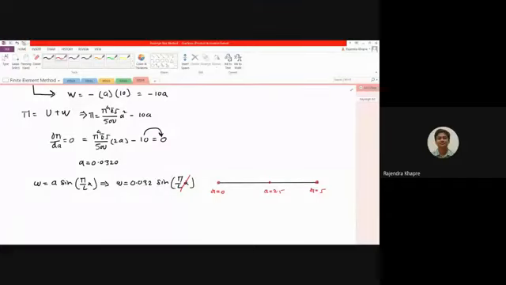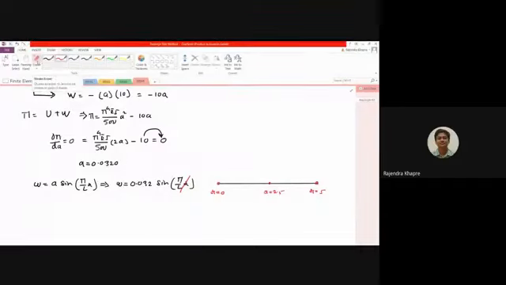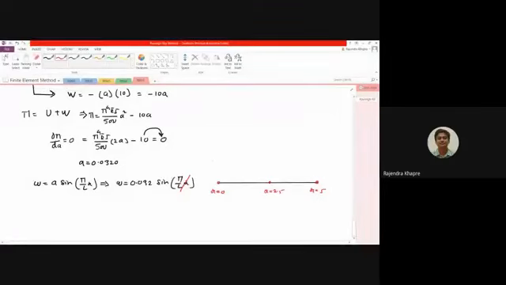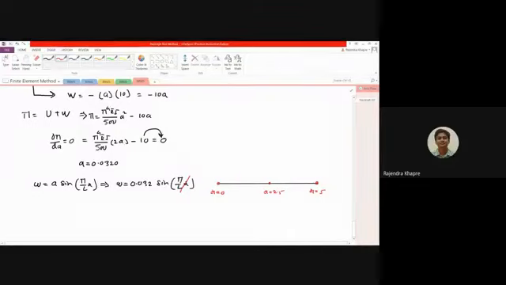But if you substitute the value of X as 2.5, the point which is over here, in that case the X value will become L by 2, and the sine value will become sine of pi by 2. Sine of pi by 2 is 1, and what you are going to get is only this constant.